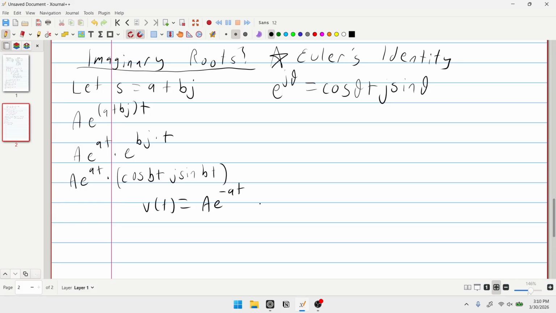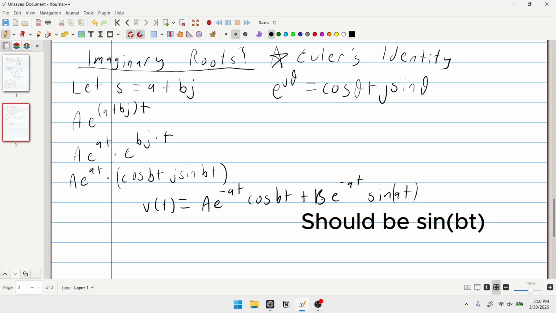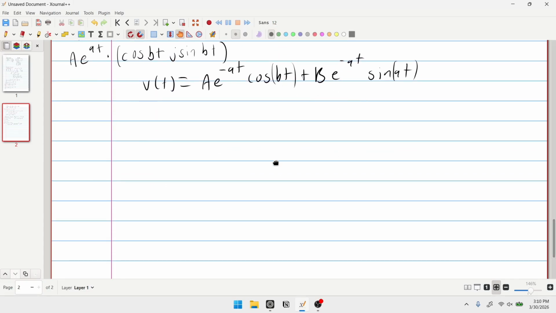We'll get to what the a and b are in the next part. Okay. So now that we know that, we can find our parameters, right?